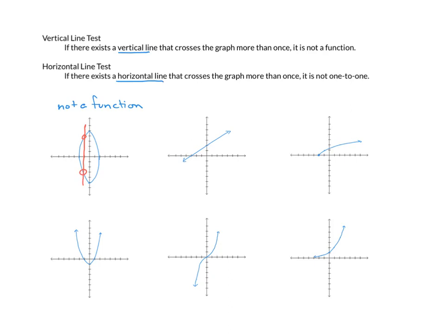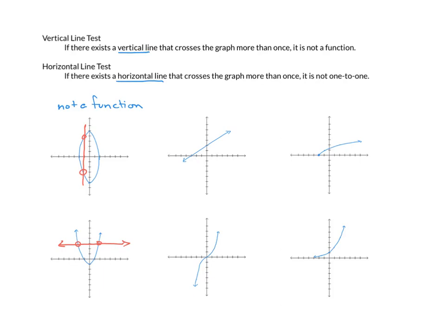So for instance, which example down here is not a one-to-one function? Well, it's going to be this one here. If I draw a horizontal line through my graph, we see that it crosses twice.